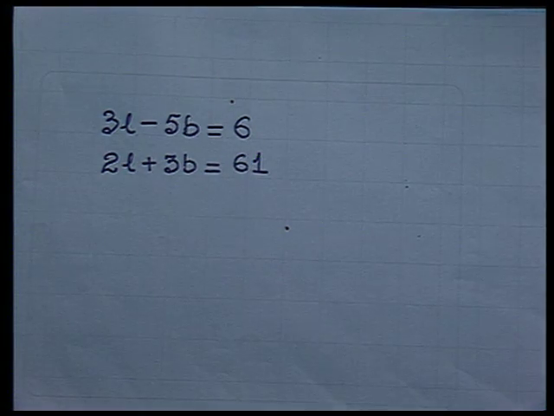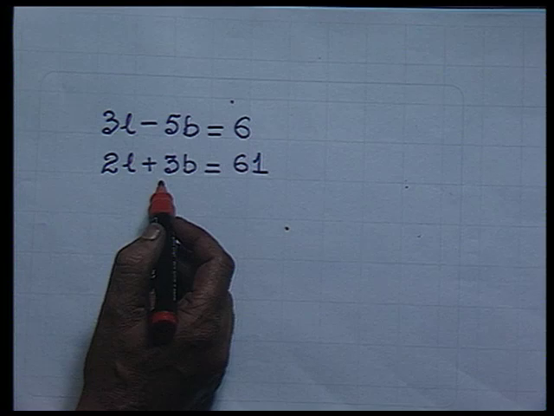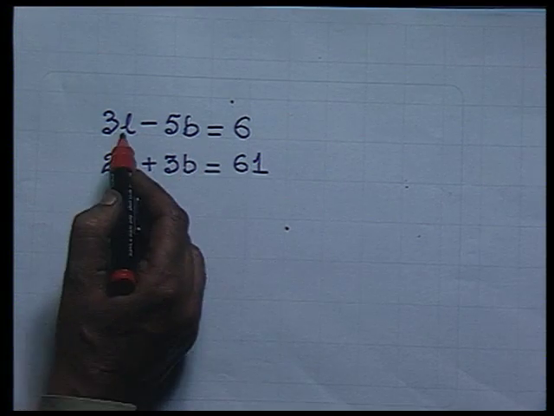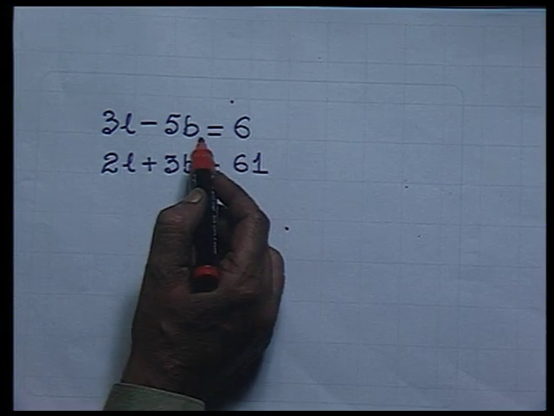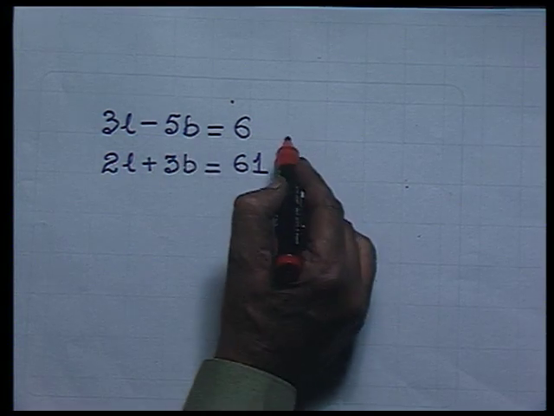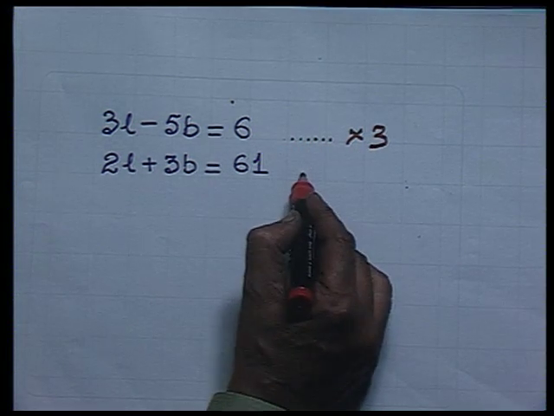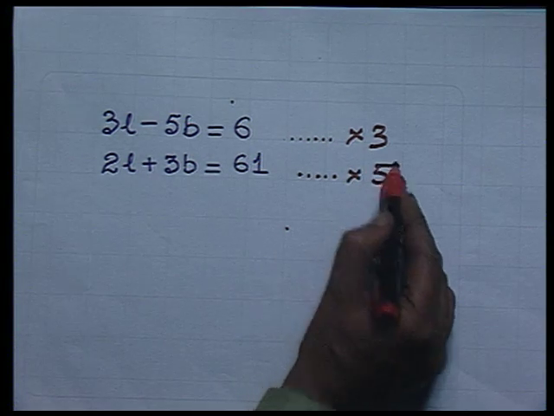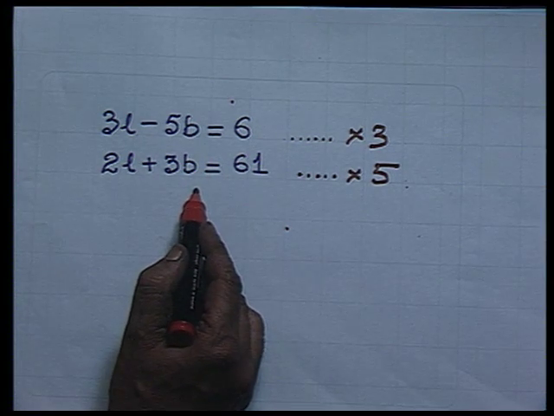Now, we have to eliminate one of the variables, that is one of the unknowns. Here I decide to remove B first and evaluate the unknown L first. For that, I will multiply the first equation by 3 and the second equation by 5. Can you make out why I am multiplying the first equation by 3 and the second equation by 5?